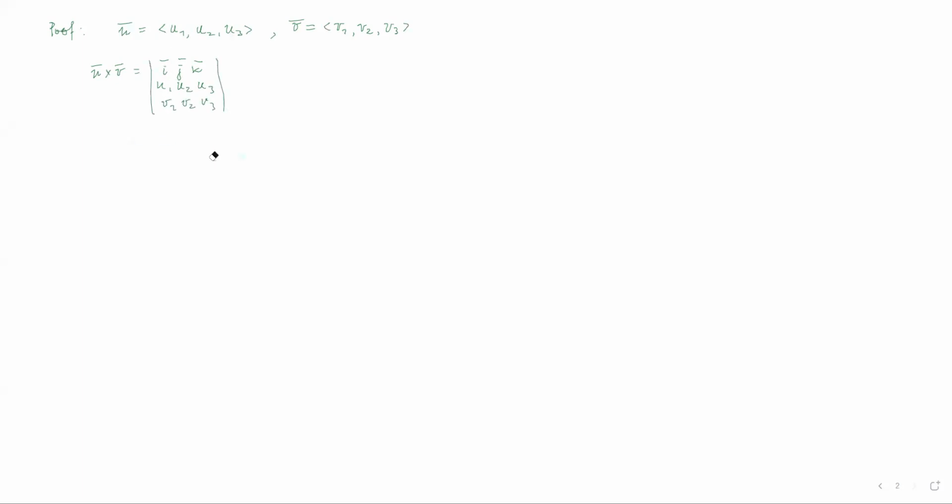So now I'm just going to expand it like I did in the beginning. i times the determinant of u2, u3, v2, v3, minus j times the determinant of u1, u3, v1, v3. A little bit long, but if you understand the proof, that's going to be very cool. Then u1, u2, sorry, it's supposed to be v, v1, v2.